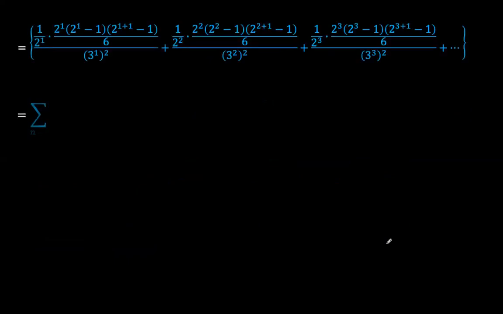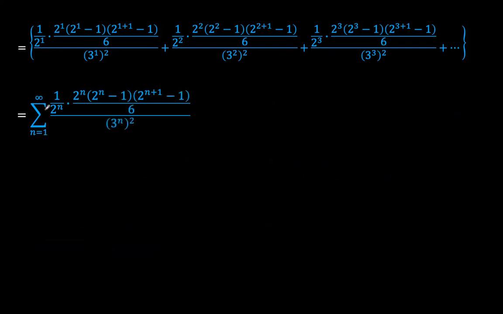what we eventually get is that we do have a general summation from n equals 1 to infinity of 1 over 2 to the power n times 2 to the power n minus 1 times 2 to the power n plus 1 minus 1 over 6 over 3 to the power n squared.